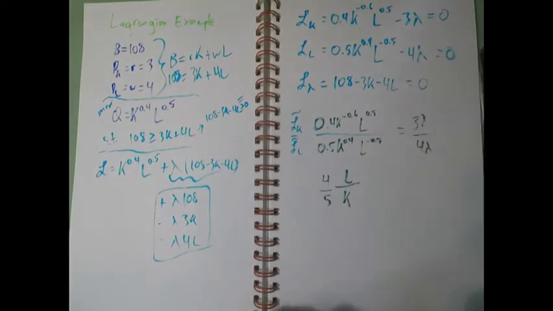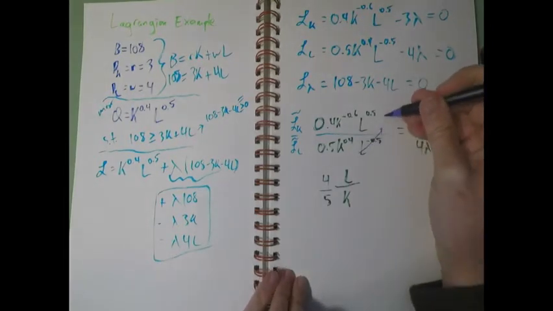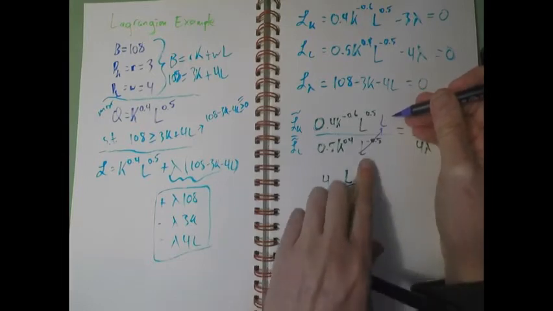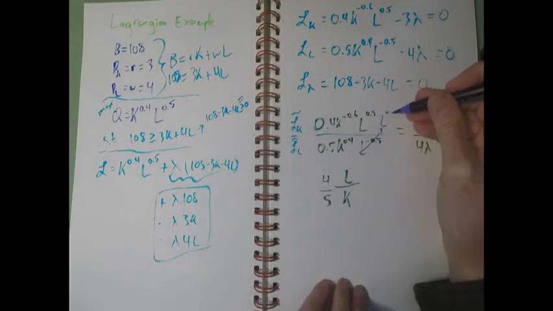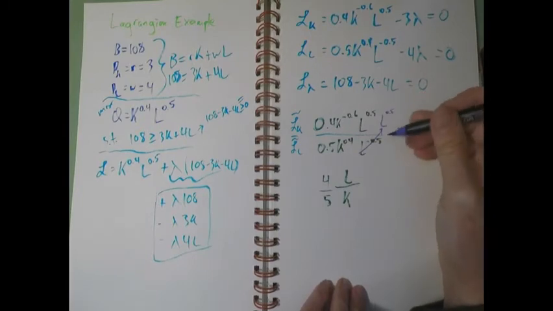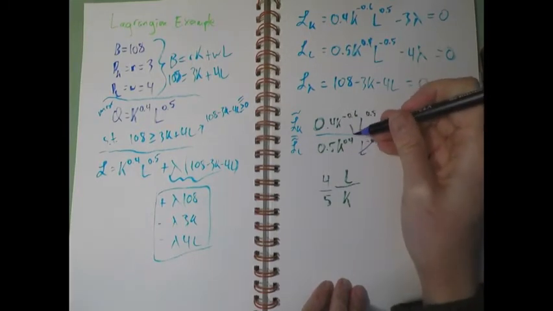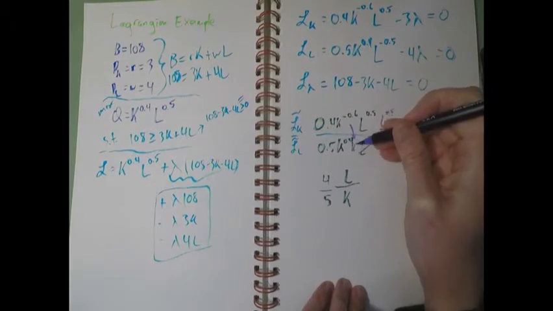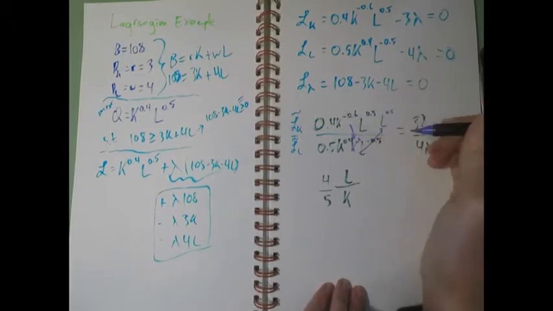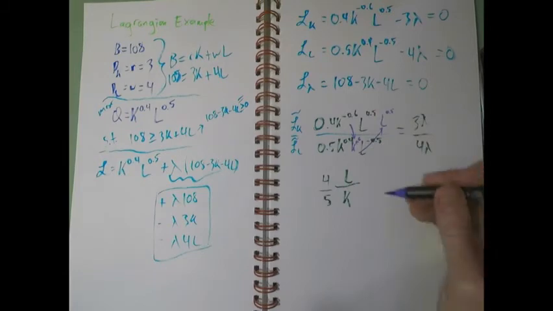We're basically saying we're going to move this guy up here as 1 over this L to the 0.5, flipping the side of the fraction. Likewise, this guy we just moved down to a k to the 0.6. We got rid of that negative sign, and we got something that matches up pretty nicely. And then all of this, well, those lambdas cancel out, and we've got 3 over 4.